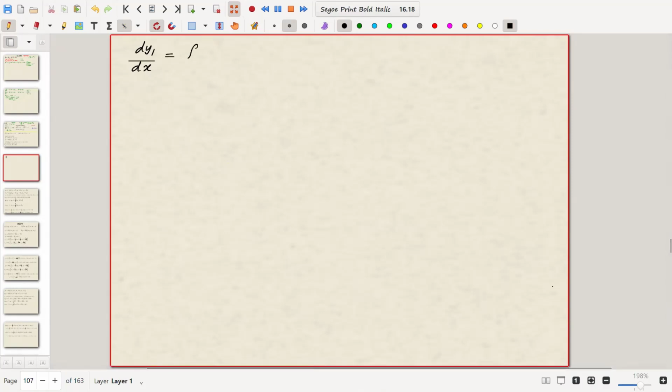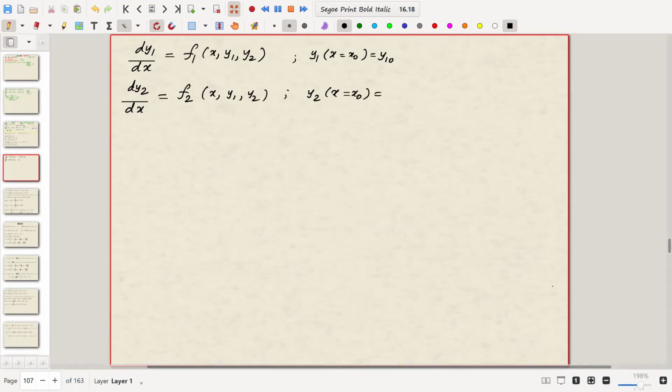That is, some function f1 of x, y1, y2. Then there is another variable, dy2 by dx, which has another function f2 that depends on x, y1, y2. Okay, you have the initial condition for each of these equations. For the first one, y1 at x equals x0, you have y10. And for the variable y2 at x equal to x0, you have y20. You have to follow the notation as I am writing here.